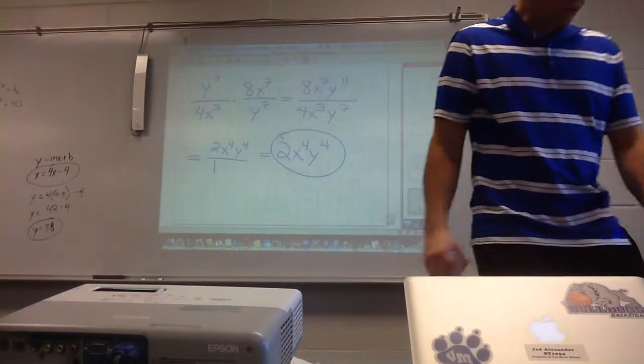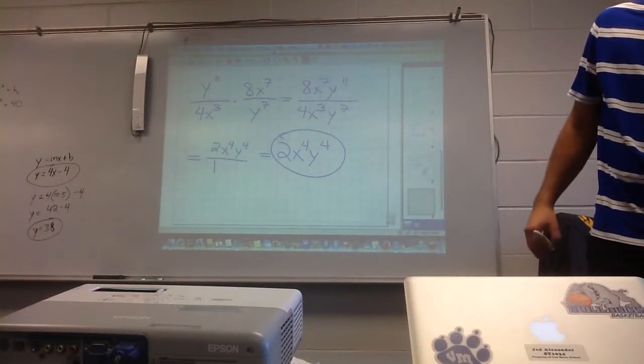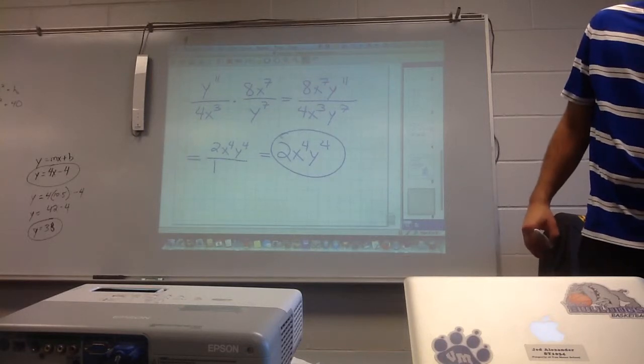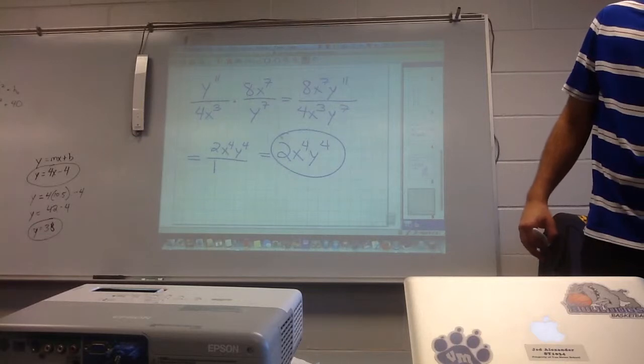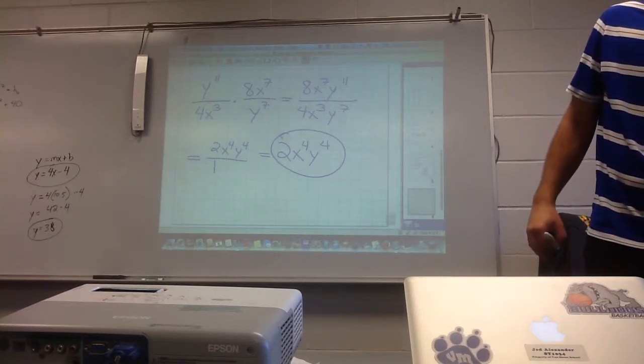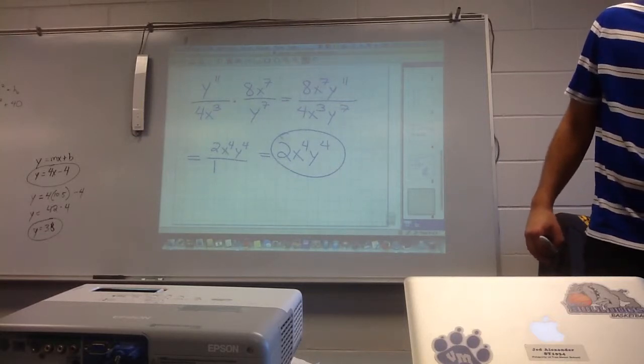That'll help you with a lot of them on the first chunk of problems. The next thing is adding, subtracting, multiplying, dividing type stuff. Actually just add, subtract, and multiply.